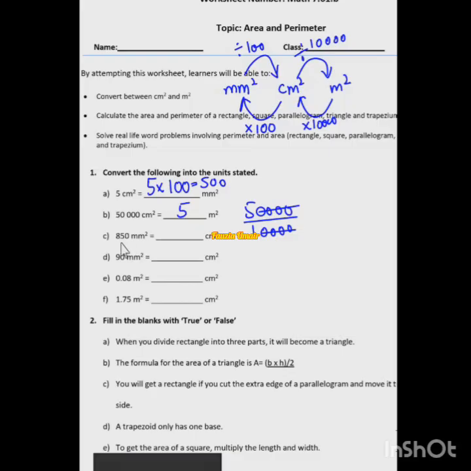Then 850 millimeter square to centimeter square. So 850 millimeter to centimeter, what should we do? Divide by 100. I just moved the decimal point back. How many zeros?